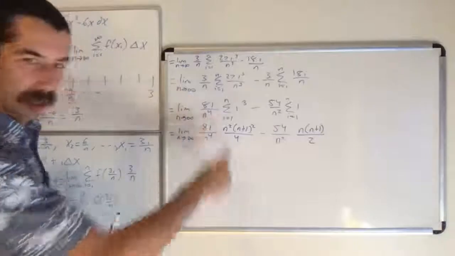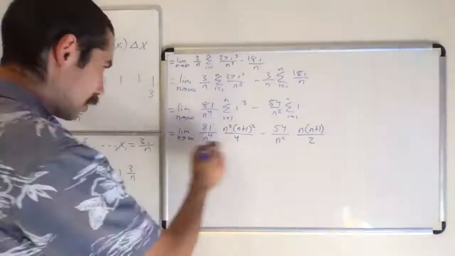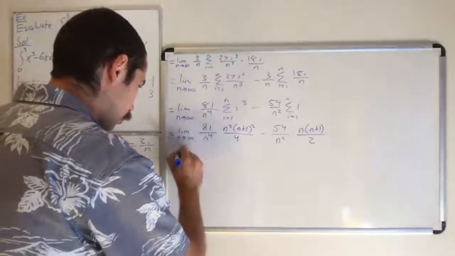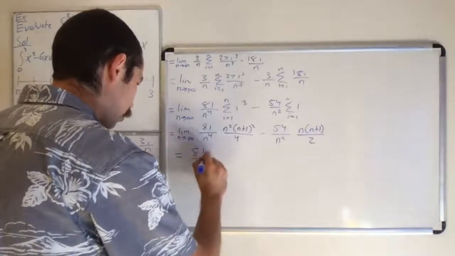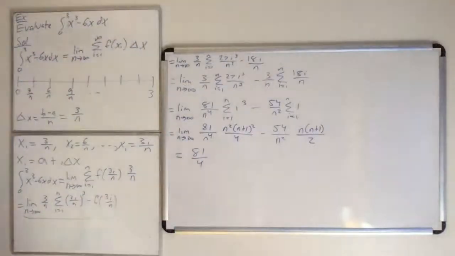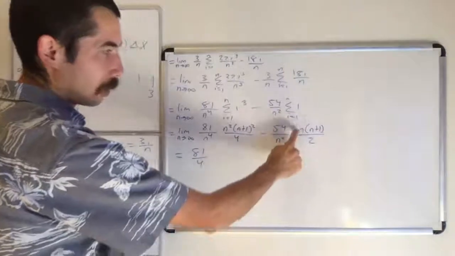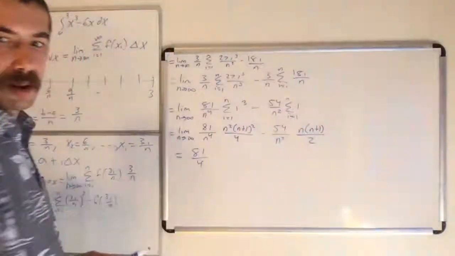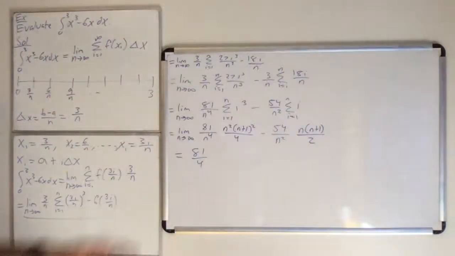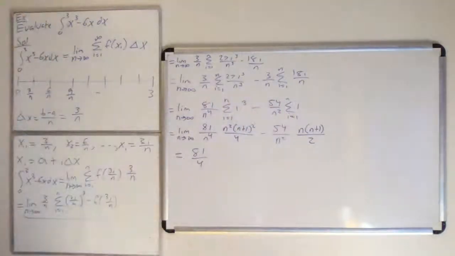We could just divide their coefficients. So this limit becomes 81 fourths. And similarly here, this is a rational function. The degree of the numerator is 2. The degree of the denominator is also 2. So when we take the limit as n goes to infinity, we just look at their leading coefficients.